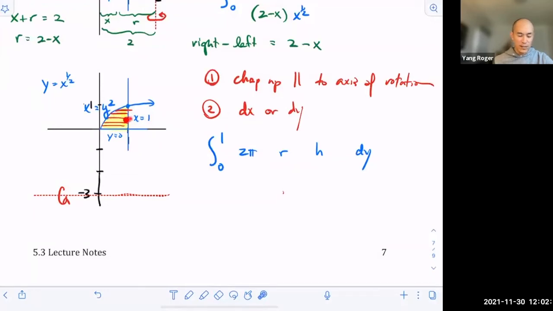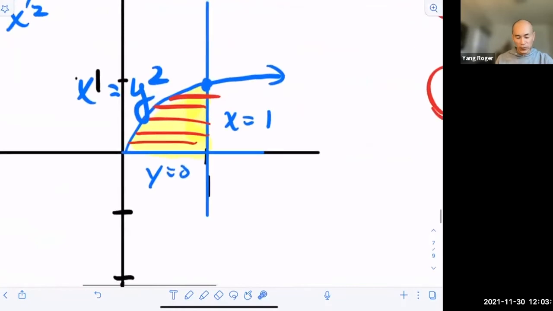First question, what's the height going to be? With the height. What if I told you that y squared is the distance from here to here? Would that change your answer?